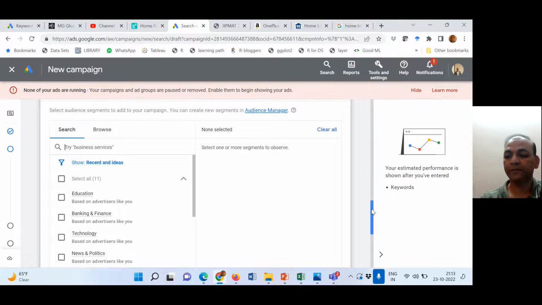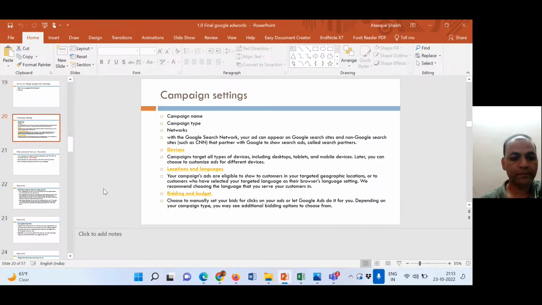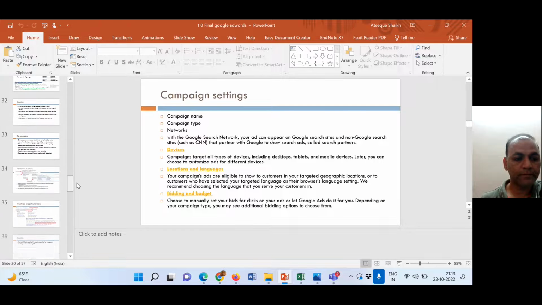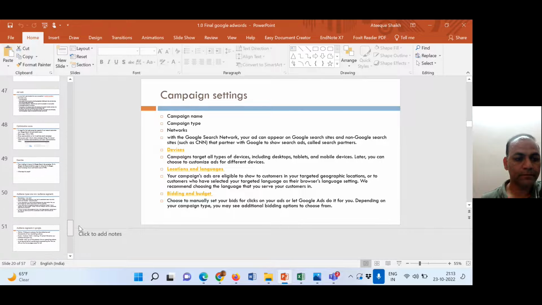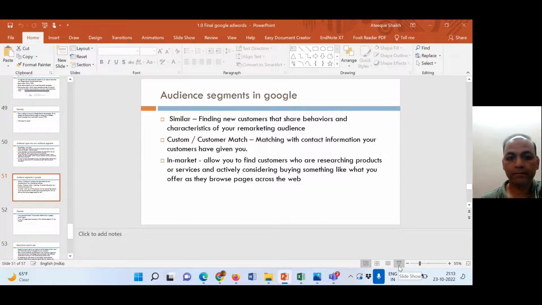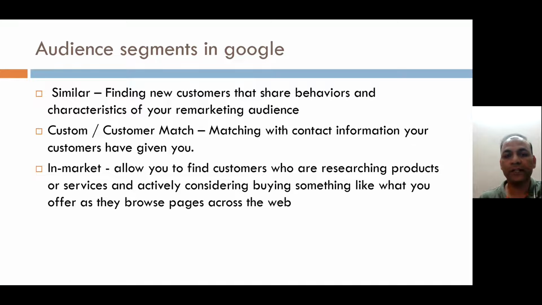Now, if you look at the various audience segments that are available in Google, these audience segments help you find new customers that share behaviors and characteristics of your remarketing audience.